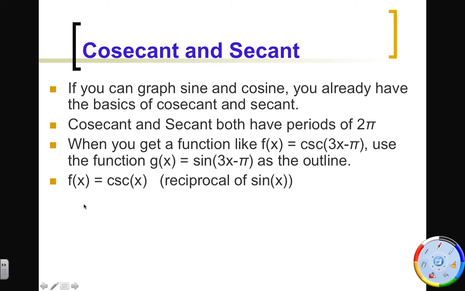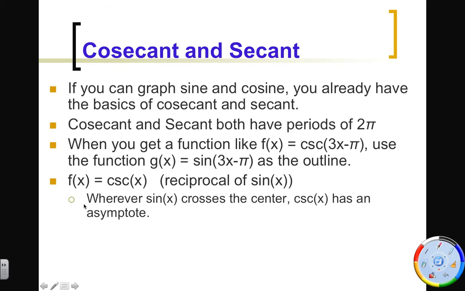Okay, so we're going to start with cosecant of x. And I'm going to write out a few things here that you guys might need. Wherever sine crosses the x-axis, or the center line, the fake x-axis, that's where cosecant has an asymptote, because that's where sine is 0.